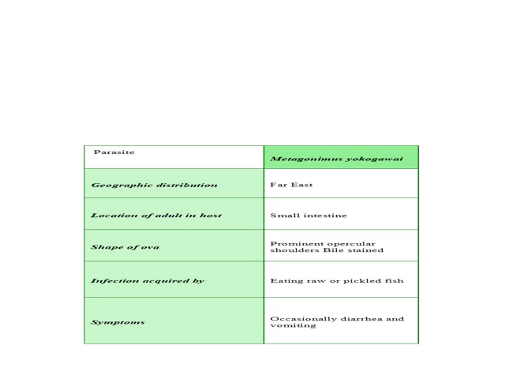The shape of the egg of this parasite is prominently operculated, having a shoulder with a yellow or bile-stained color. Now, how can infection occur? Infection is acquired by eating raw or pickled fish, the second intermediate host. Now, about its symptoms, occasionally diarrhea and vomiting.